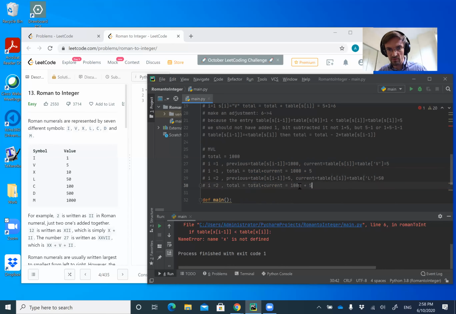So we have total plus 50, and then we have to minus 5, as current, which is 50, is larger than previous. So that will be 1045.